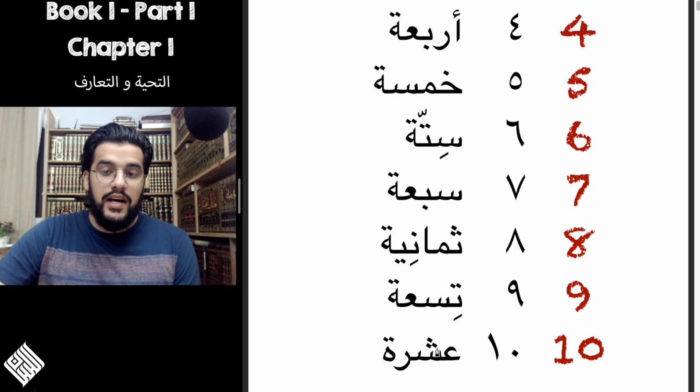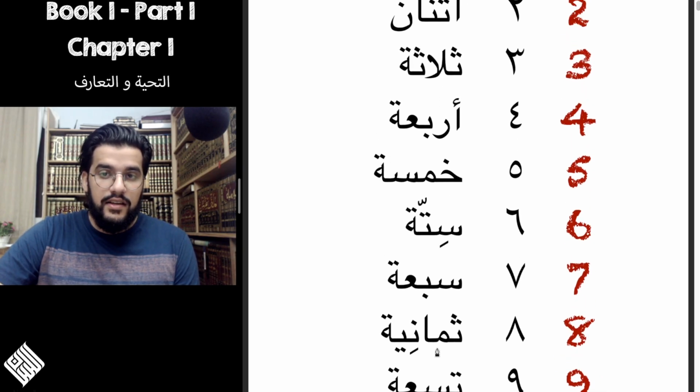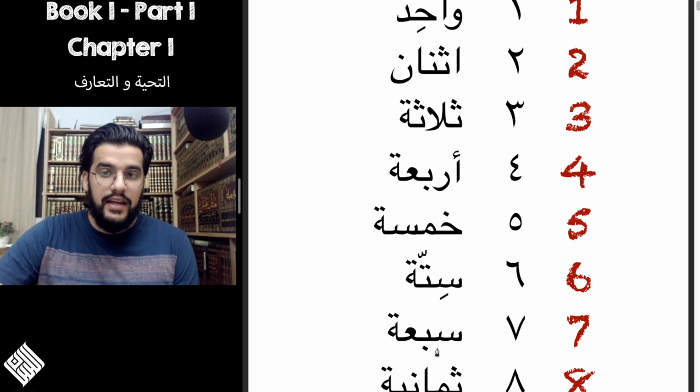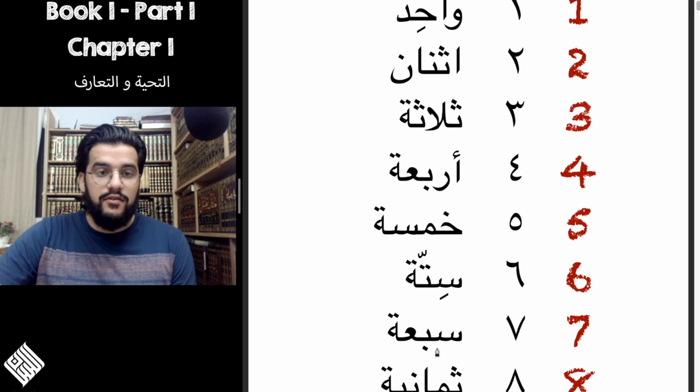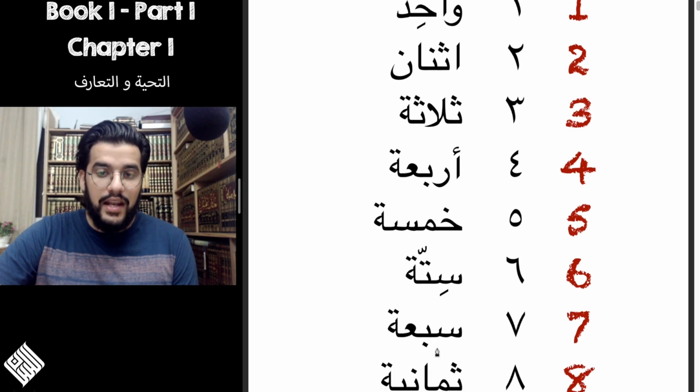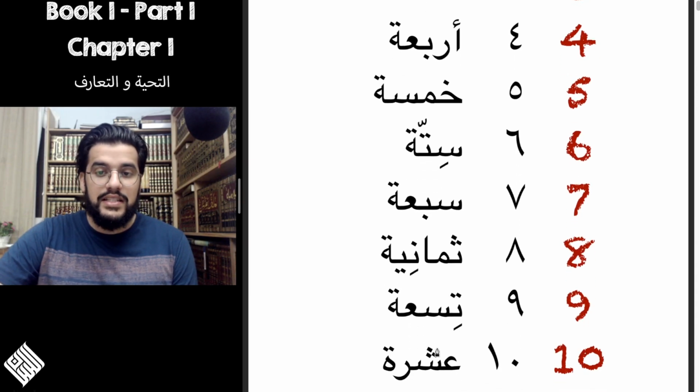And عشرة is 10. So yeah, read them again and again, write them down until you've memorized them. واحد, اثنان, ثلاثة, أربعة, خمسة, ستة, سبعة, ثمانية, تسعة, عشرة.